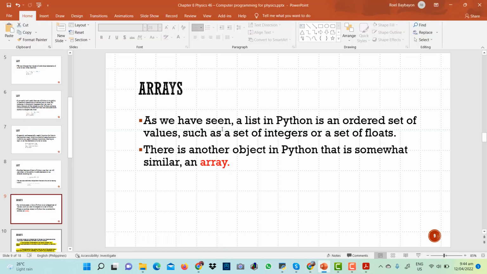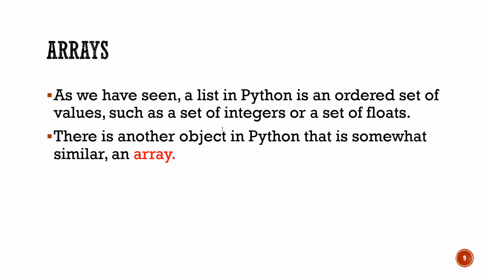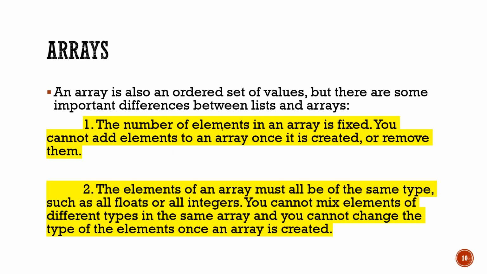So the limitation of a list: an array can be an n-dimensional matrix, an n by n dimension matrix. An array is an ordered set of values as well, but there are some important differences between lists and arrays. First, the number of elements in an array is fixed.